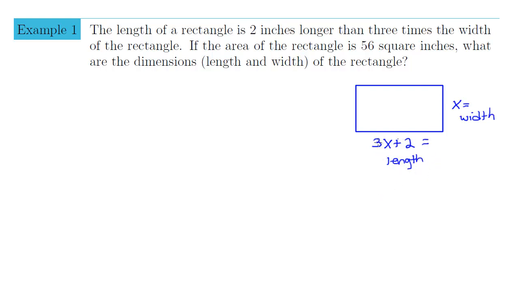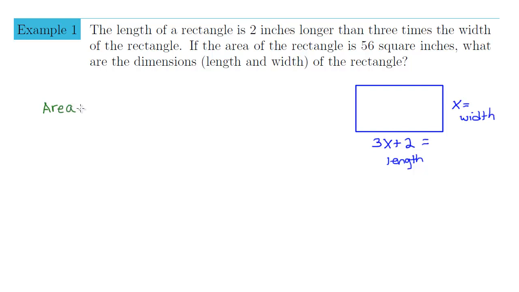All right, now that we have our unknowns identified, we have to go about writing an equation for this problem. We are told that the area of the rectangle is 56 square inches. Now, what do we know about the area of a rectangle? Well, I'm going to write off to the side here the formula for area.